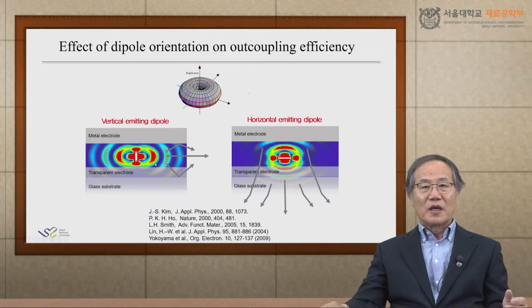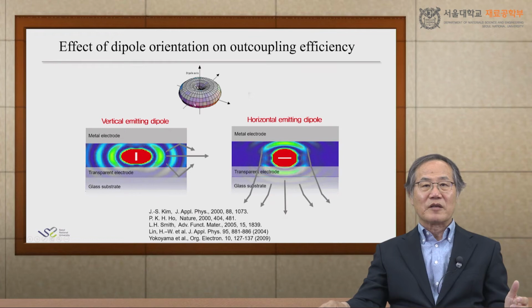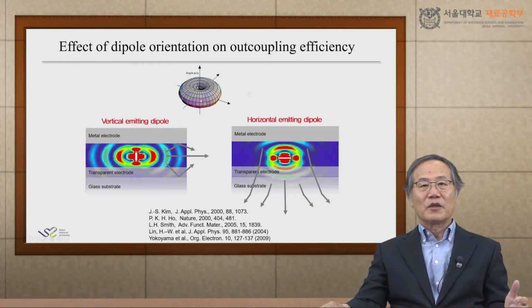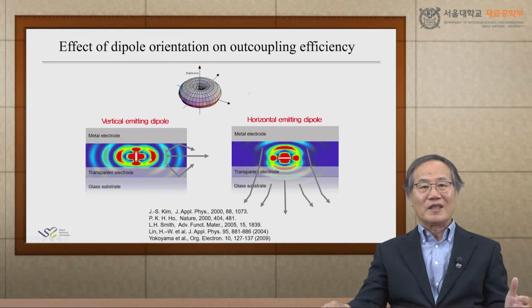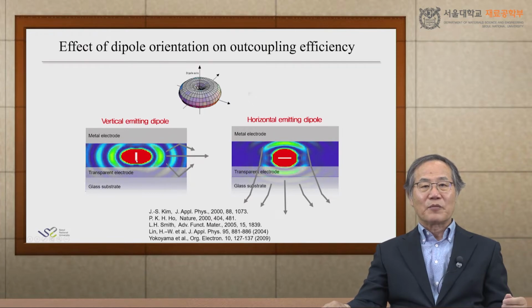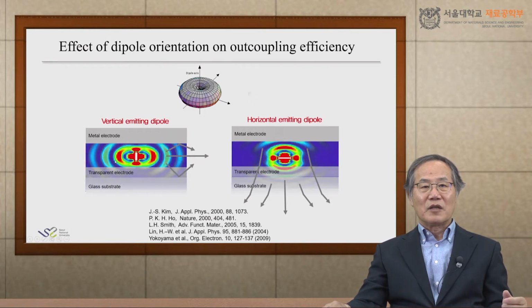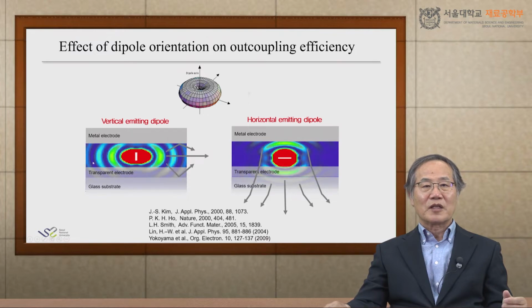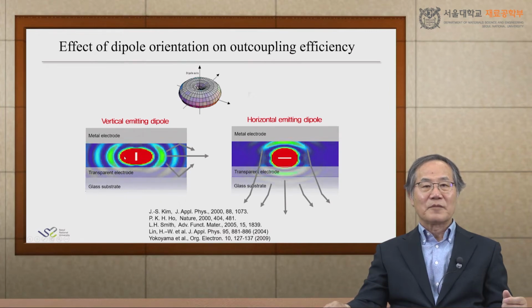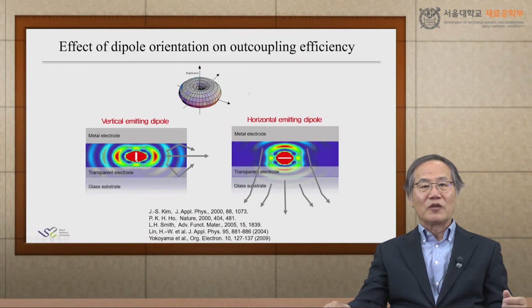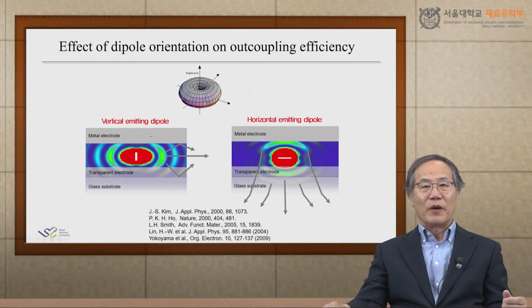Now I put in the dipole orientation as a characteristic. That's because the radiation pattern from the dipoles is like a donut and propagates like this. So for vertical dipoles, light is emitted along the horizontal direction, along the layered molecules. So most of the light is confined inside of the OLED without outcoupling.